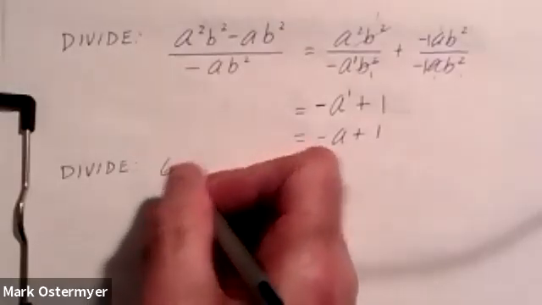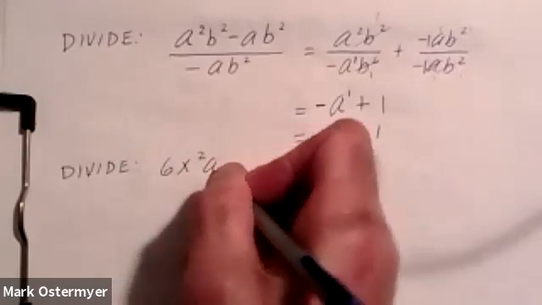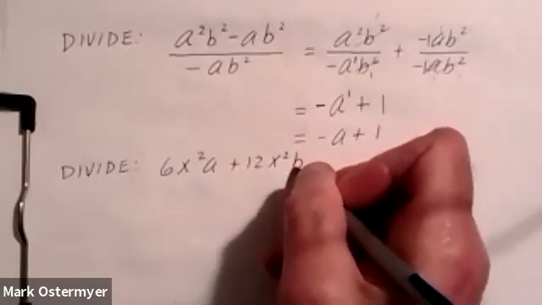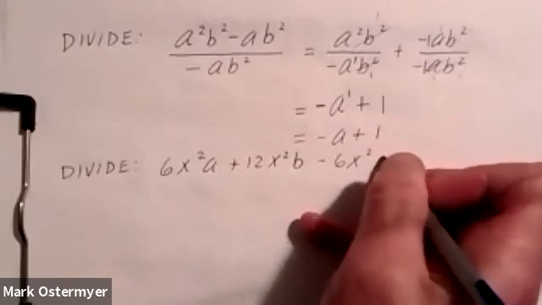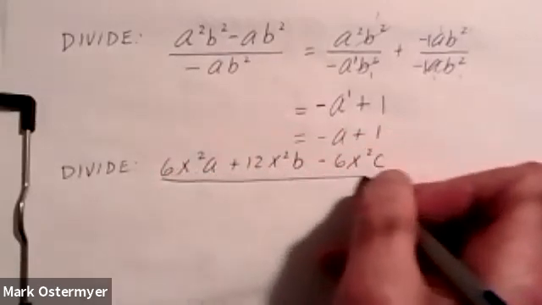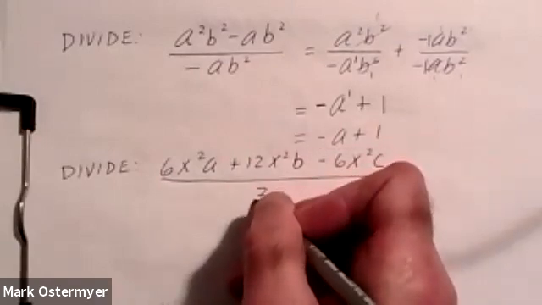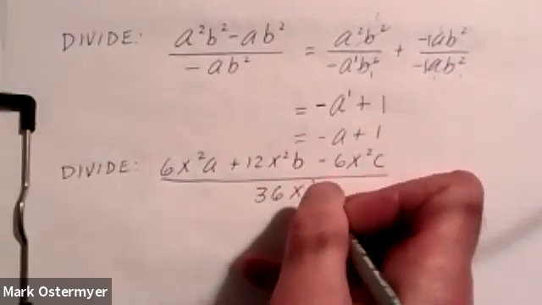Let's try this one here. Let's try 6x squared a plus 12x squared b minus 6x squared c. We're going to divide this trinomial by this monomial here.